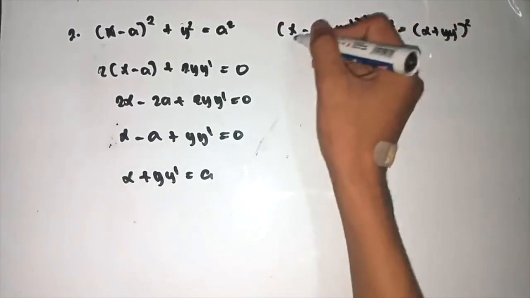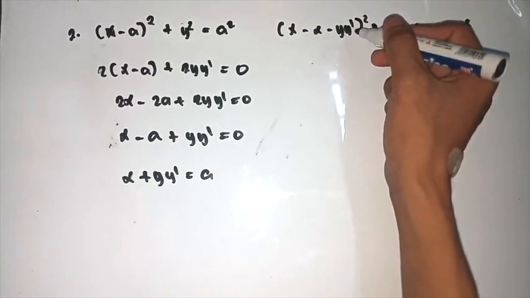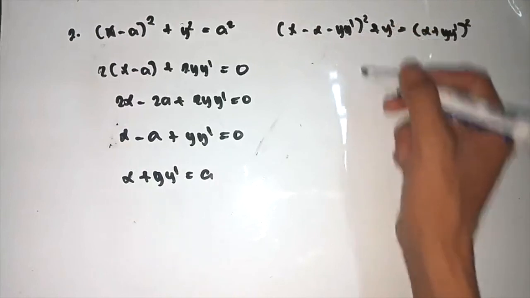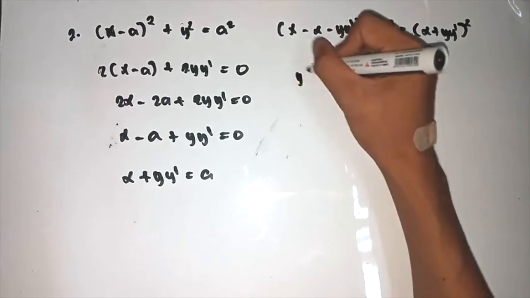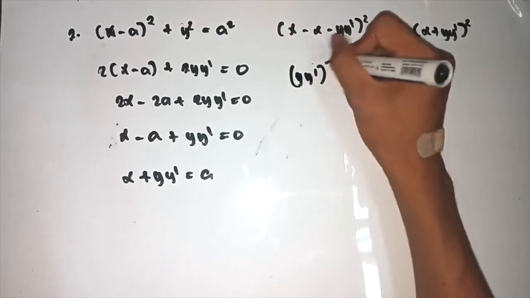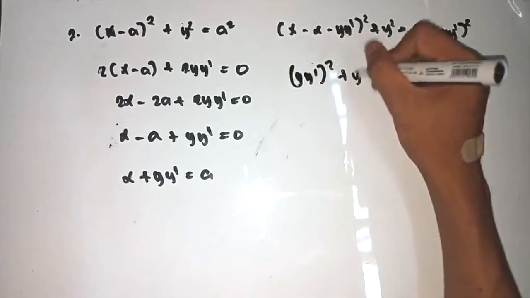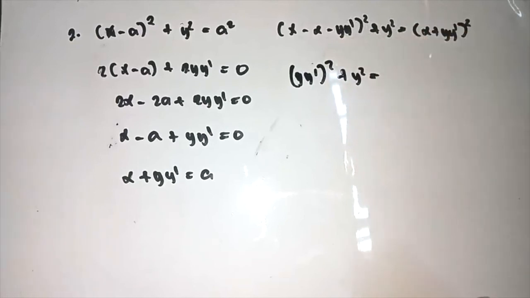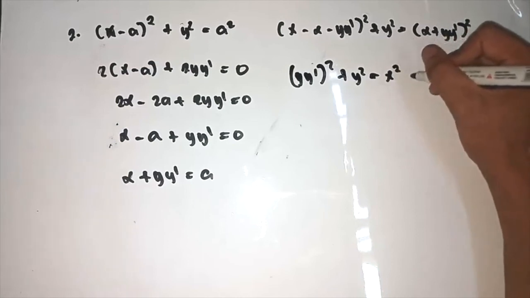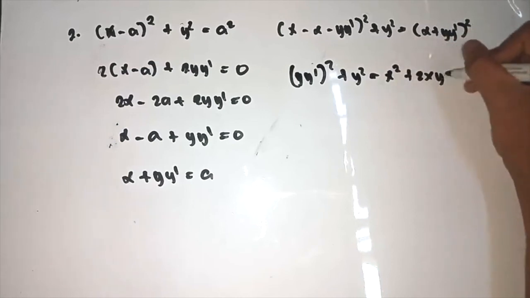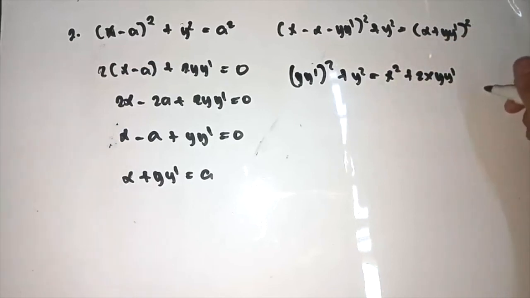Now this will be cancelled and we need to square the y y prime. So this will become y squared y prime squared plus y squared equal to x squared plus 2x y y prime plus y squared y prime squared.